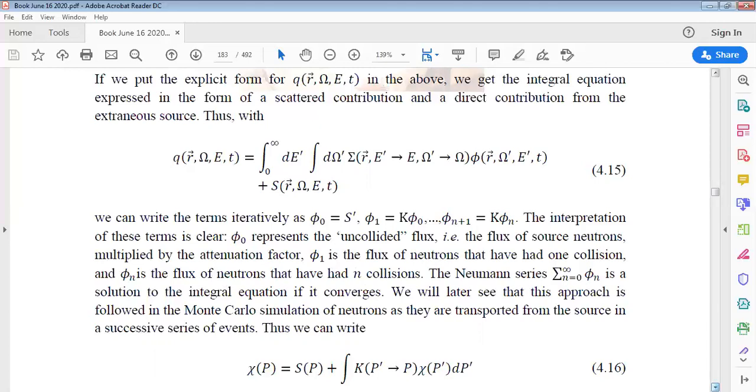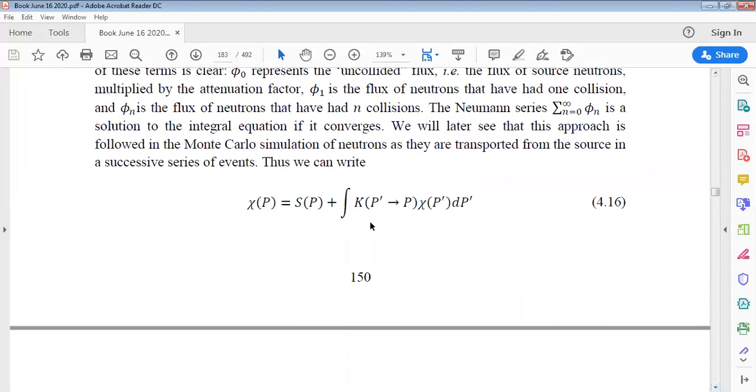So this integral equation that you see over here is actually possible to solve by carrying out an analog simulation. Analog simulation means to simulate events as they actually take place in nature, unbiased. But sometimes, after this lecture, we're going to start Monte Carlo simulation. For that, we're going to study the Monte Carlo method.